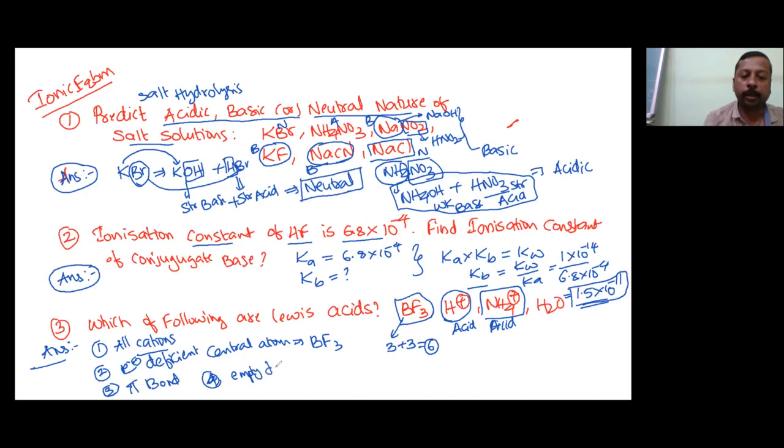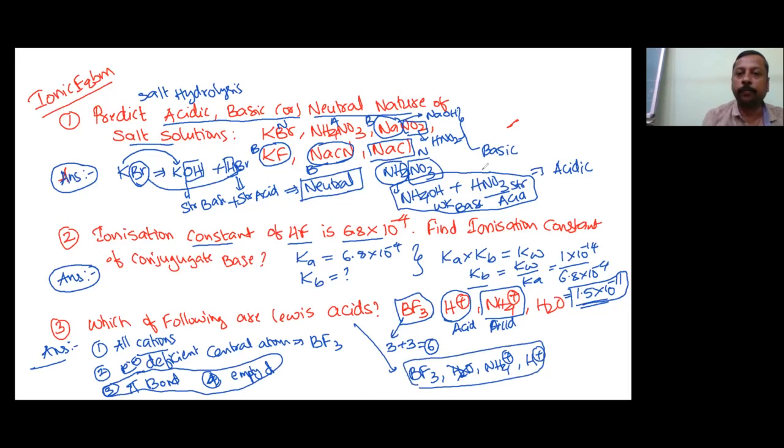There are no such examples here, but in future they may give this type of question also. So the answers to this question are only boron trifluoride, NH4 positive and H plus. These are the 3 Lewis acids. With explanation, if you write, you will get full marks.